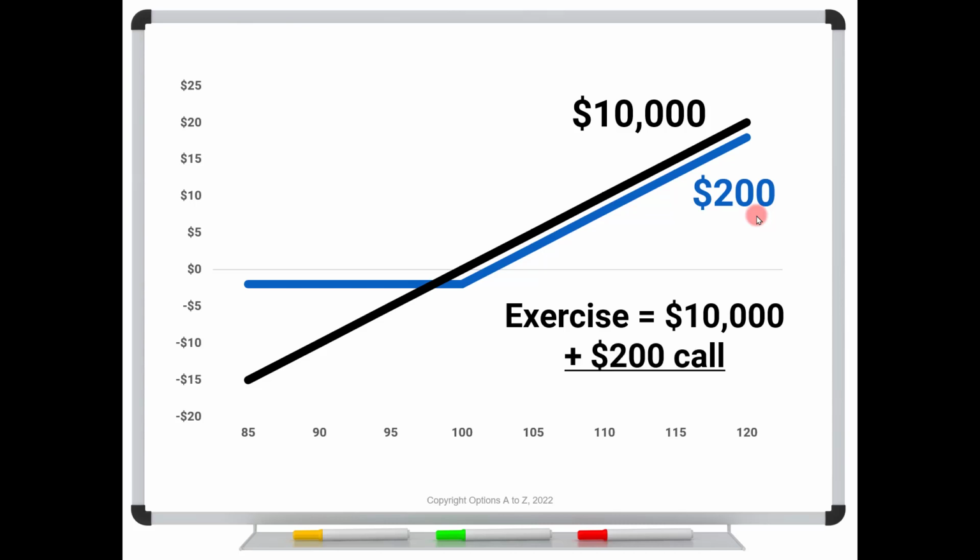And that means you have paid a total of $10,200 for 100 shares of stock. So the reason your cost basis got boosted by $200 is that that was the price that you paid for the call. But in all cases, you can see that you are just controlling 100 shares of stock. But now what happens if you put $10,000 into this $2 option? Well, now you're controlling 5,000 shares.